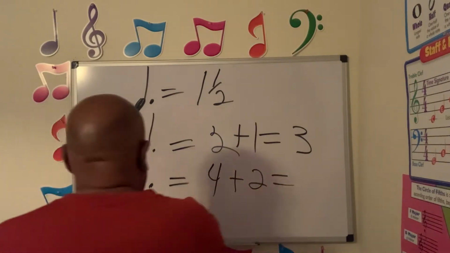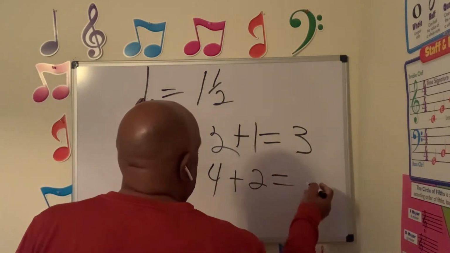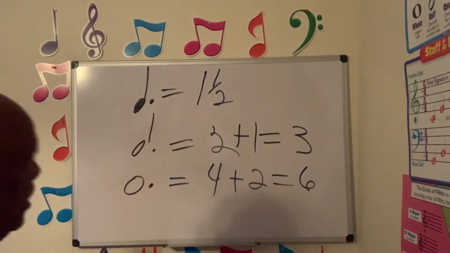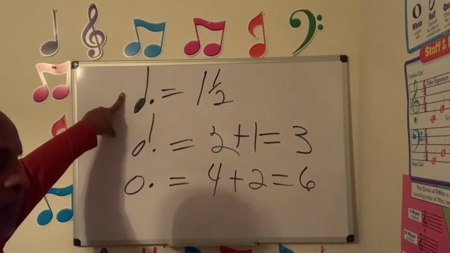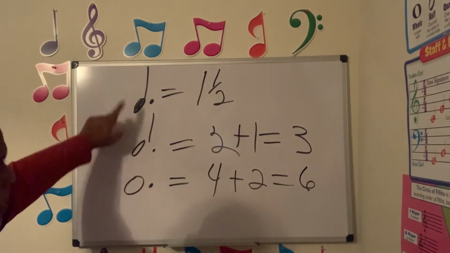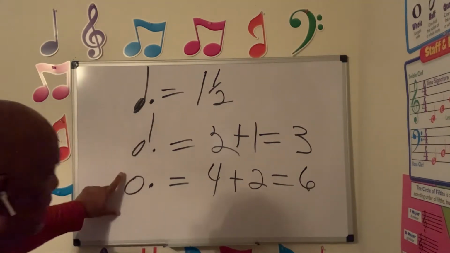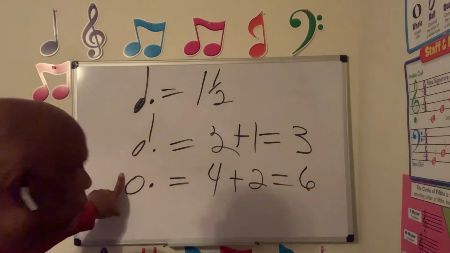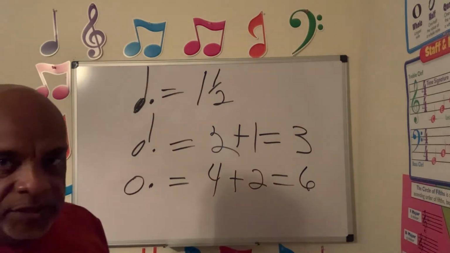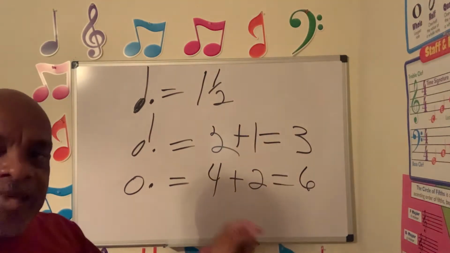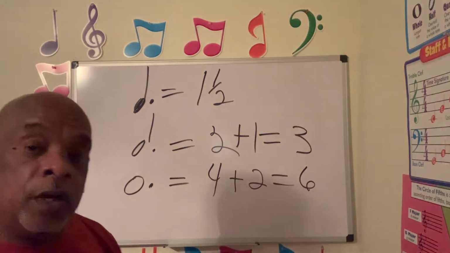So a dotted whole note is going to get 6 beats. A dotted quarter note gets 1.5 beats, a dotted half note gets 3 beats, and a dotted whole note gets 6 beats. That's the purpose of the dot behind the note.